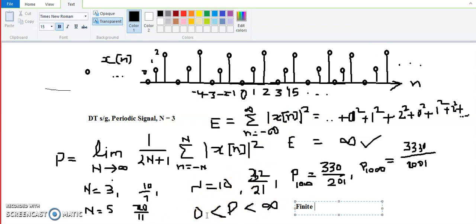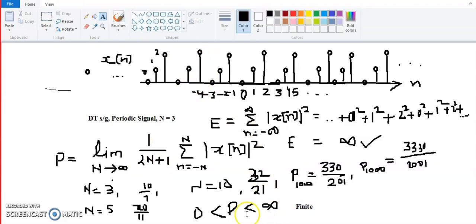Power does not explode, even if an infinite number of terms are added together, because we are taking the average of it, and within a cycle the average stays constant. So power is not exponentially increasing, therefore power will always be finite and energy will be infinite.